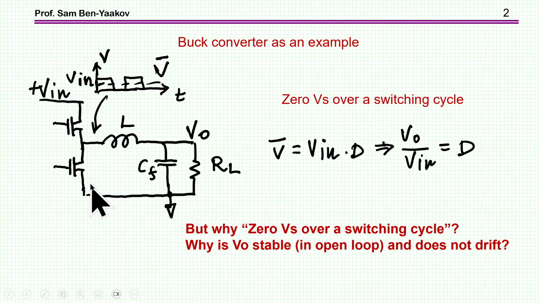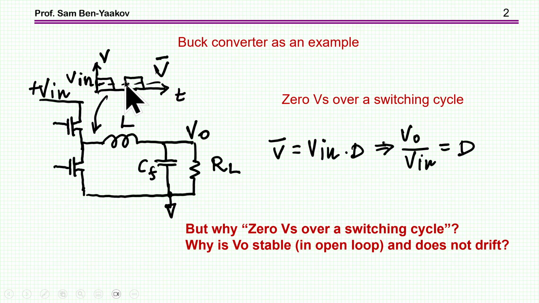Here I'm showing a synchronous buck converter, two transistors, inductor, filter capacitor, and this resistor represents the load. Now we know that at steady state, and this is without outside feedback, the average voltage at this point is due to this pulsating voltage.